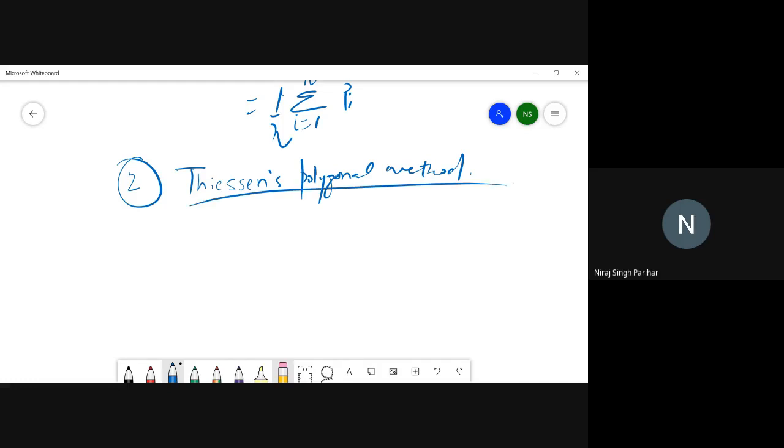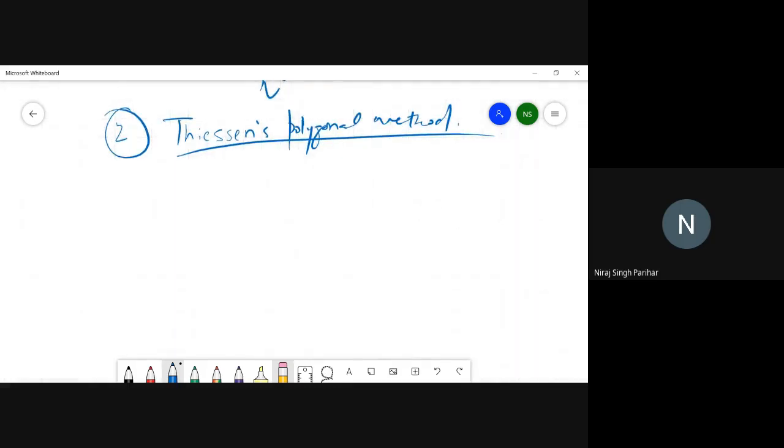All right. So what Thiessen's polygon method says, suppose you are given n number of stations. So first of all, join all those stations.